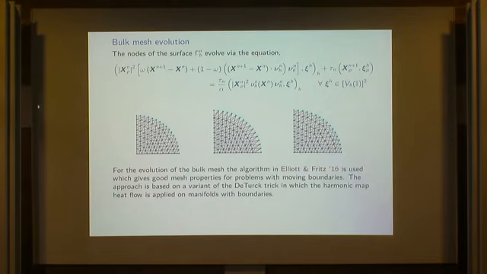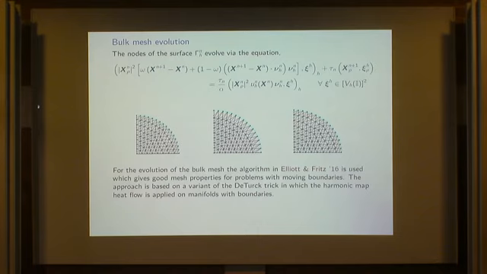So the two things are coupled together. The Turk trick makes sure that when you evolve the boundary, the nodes on the boundary are nicely distributed, and then we use the trick again in a different form, which enables us to have a nice distribution of the interior nodes.